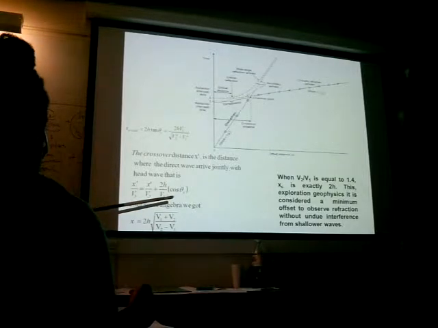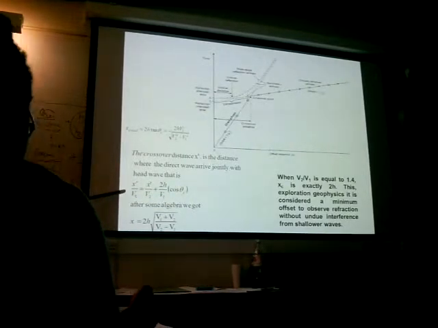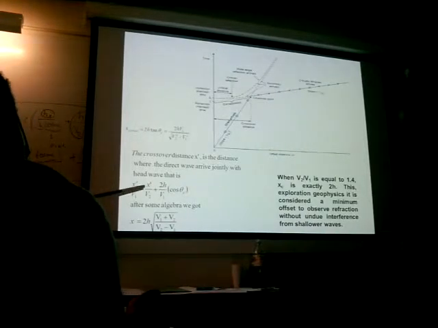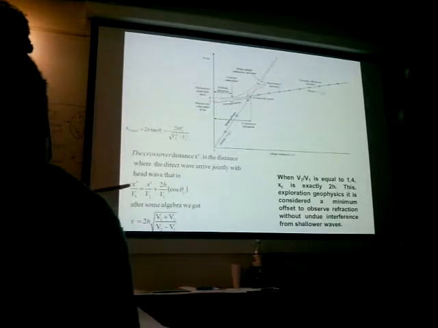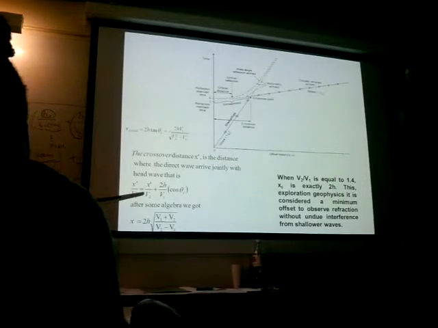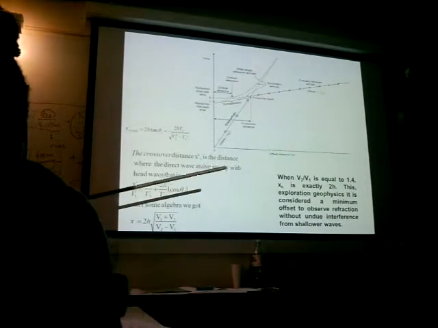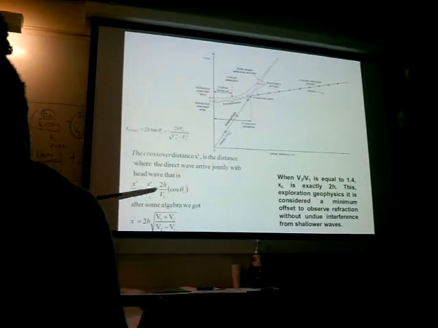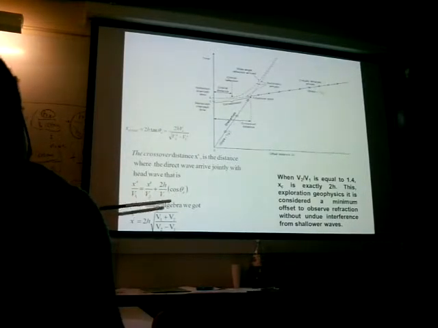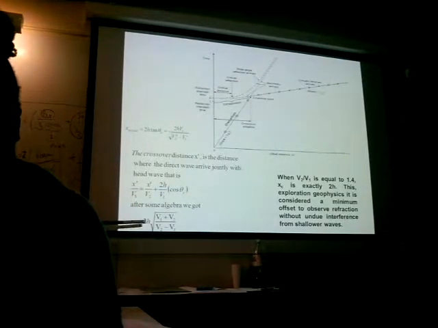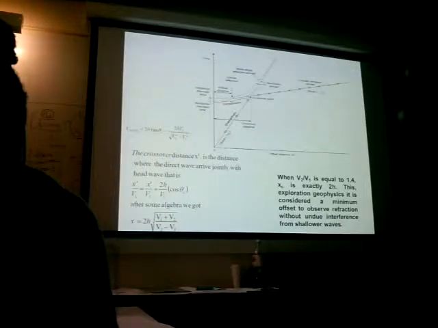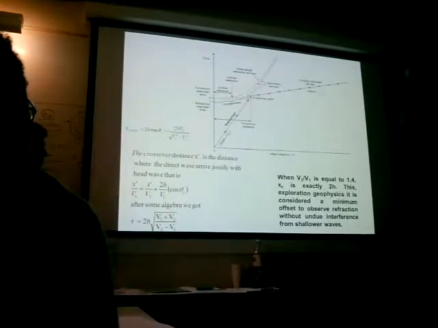If you want to know when this kind of refracted wave arrives exactly at the same time as a direct wave, you need to solve that equation. So x prime over V1 is equal to the component that is traveling as a direct wave along the V2 plus twice h over V1 cosine of the critical angle, and you do your calculation. So you put the V1 and V2 on the other side.